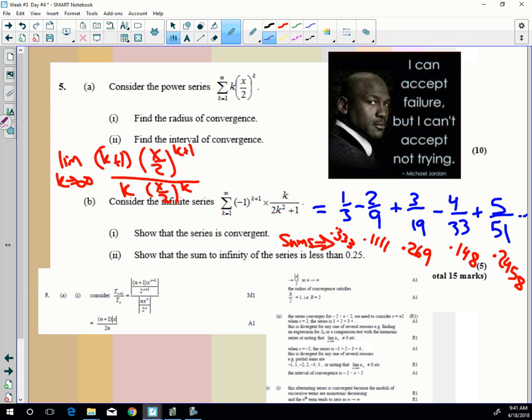So you're going to take the limit as k approaches infinity of (k plus 1) over k, and then x over 2 to the k plus 1. What is that?